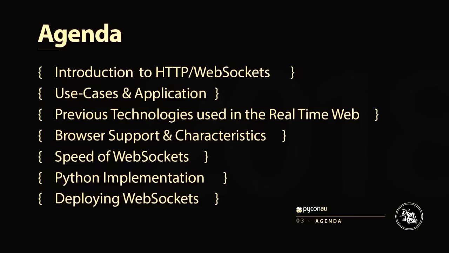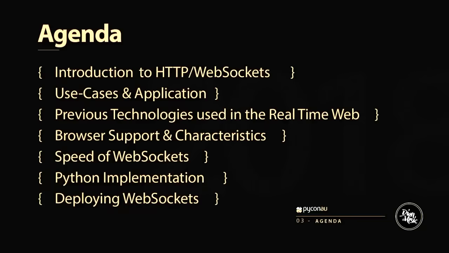And to give you guys a bit of structure about what we're going to be going through today, we're going to start off with a basic low-level understanding of some of the protocols which we're going to be talking about today, to get an idea of where everything sits in the whole IT world. We're going to go over some of the use cases and the applications which you might find using WebSockets. And I'm going to go over some of the previous technologies which might be used in place of WebSockets, since it's still relatively new.